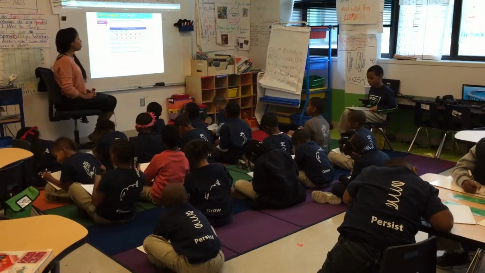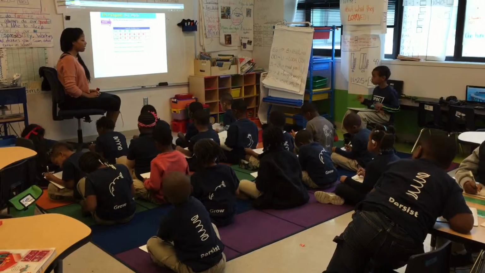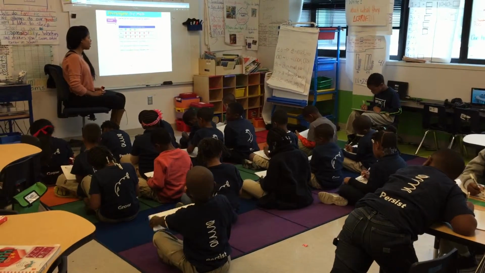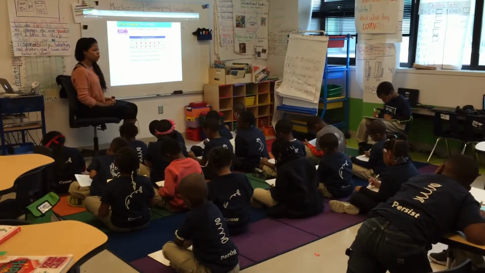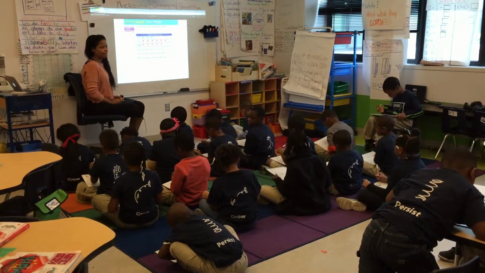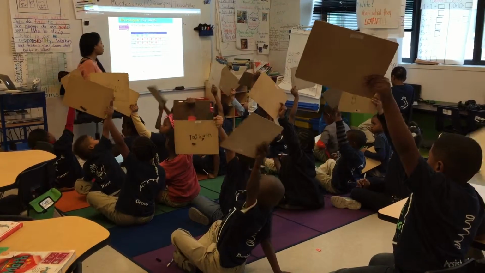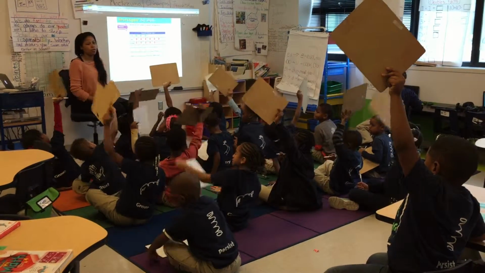How many people voted for red? Look at the picture. How many people voted for red? Remember, a picture graph is going to use pictures to show us the quantity. Boards up. That's right. 6 people voted for a red balloon.